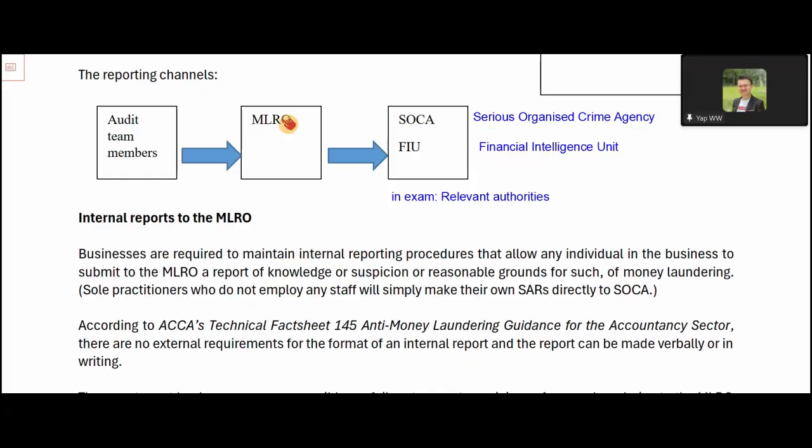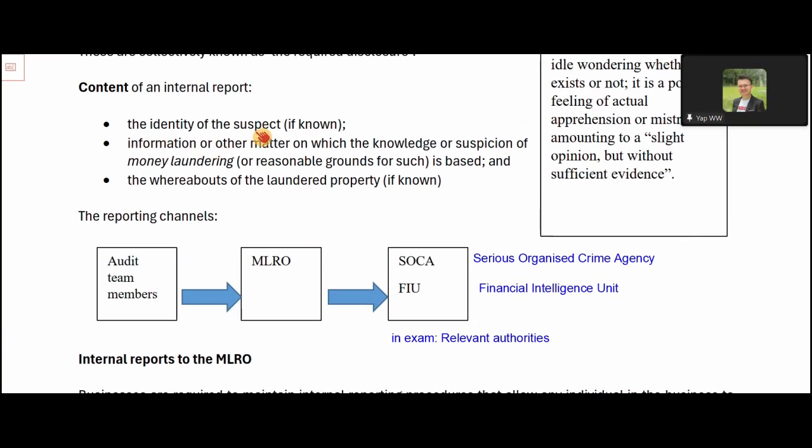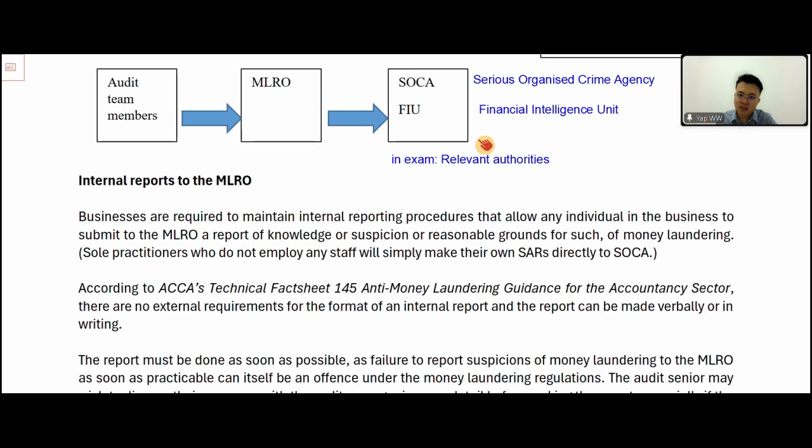So once the MLRO thinks that the report is now complete, you have the name of the suspect, how the money has been laundered, where the laundered money is right now, and then you can report to the third party, which is the relevant authority. But something audit firms will have to take care of is that with this suspected money laundering, if I report to a third party, will there be any breach of confidentiality or not?